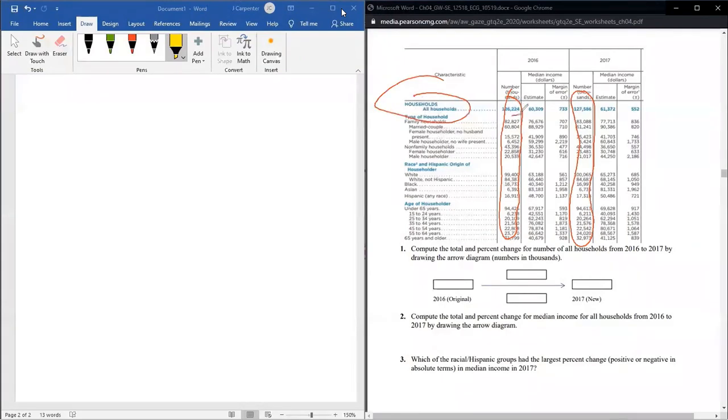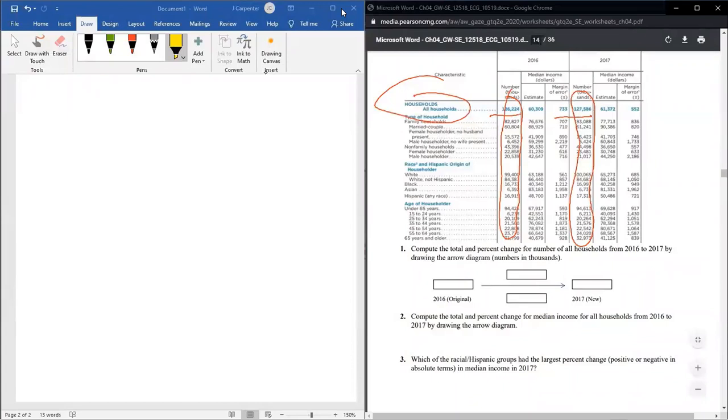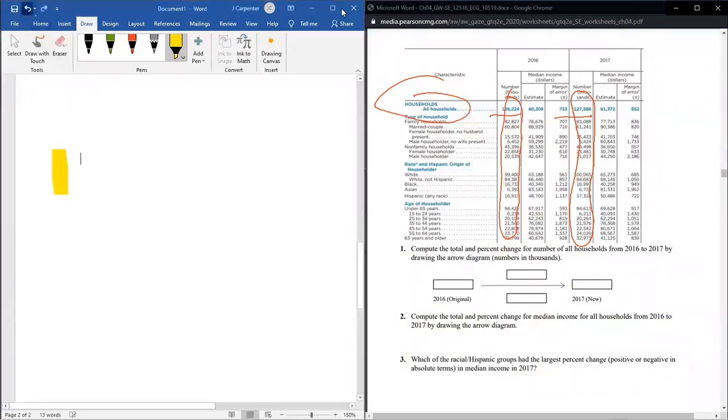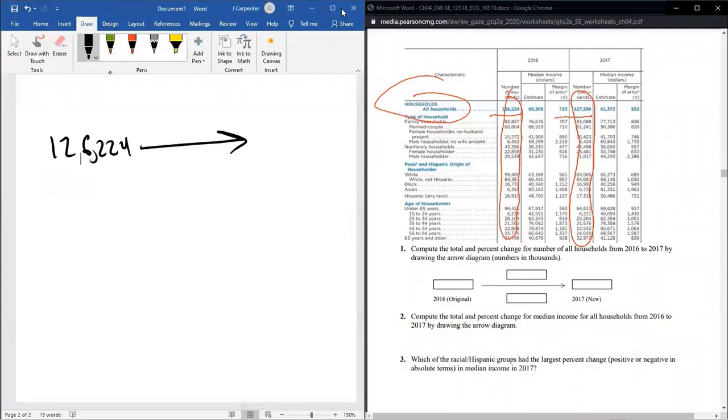So these are the numbers we need, the 126,224 and the 127,586. So that's what goes there. 126,224 pointing at 127,586.